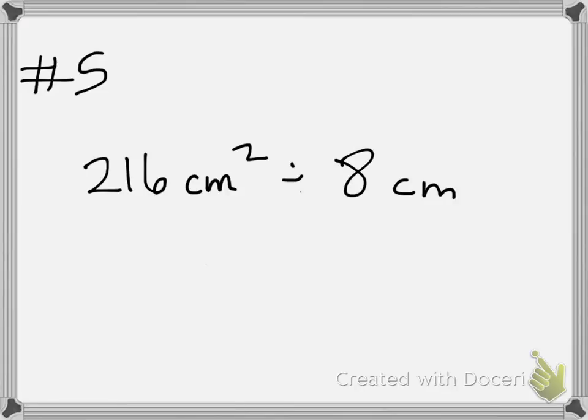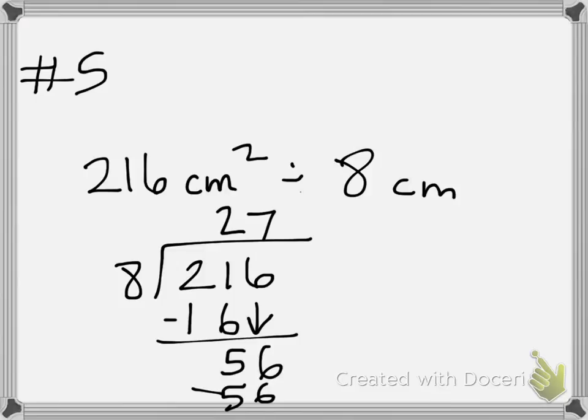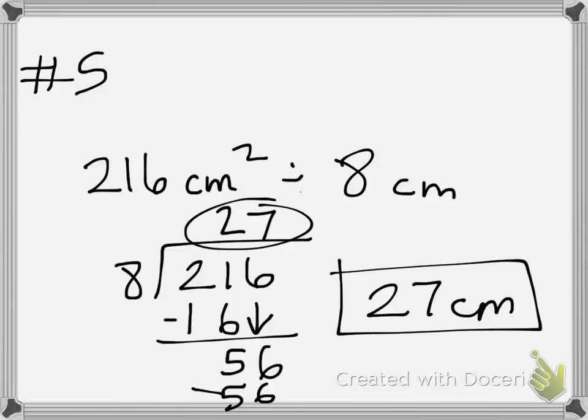When you divide this out, 8 goes into 21 twice. That gives you 16. Subtract that, you get 5, so you bring down your 6. How many times does 8 go into 56? Well, that's 7 times. So 8 times 7 is 56. Subtract those, you get 0. So your answer is 27. It would be 27 centimeters for the final answer for number 5.